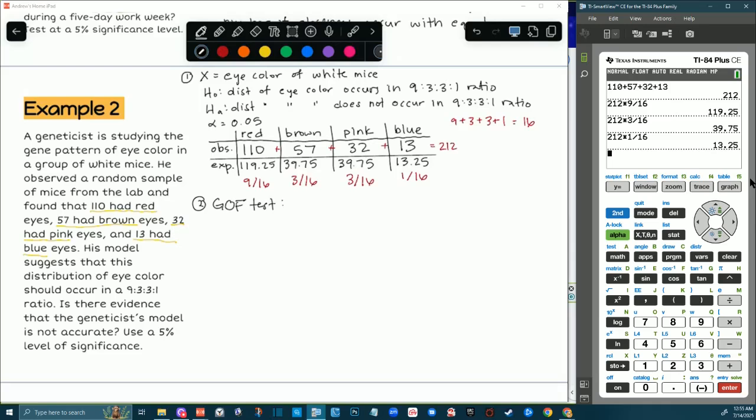And we know we have to check expected values. Our smallest expected value is 13. So all expected values are greater than 5. So we're good to go. For step 3, we know that we're going to put the observed in list 1, the expected in list 2, and we're going to call chi-square GOF test.